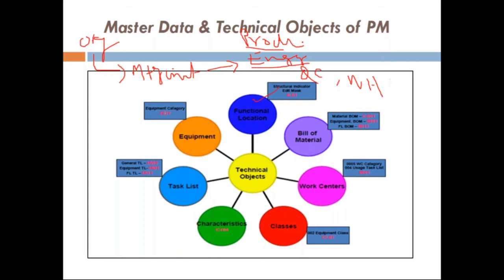If you take the production department, to produce the products you need some machines, and they are located in this particular place. So this department you can call a functional location. A functional location is the place where your equipments, your machines are located. This is just a simple example. In your engineering department, you have some equipment, like diesel generators and boilers, so the engineering department can be considered a functional location.